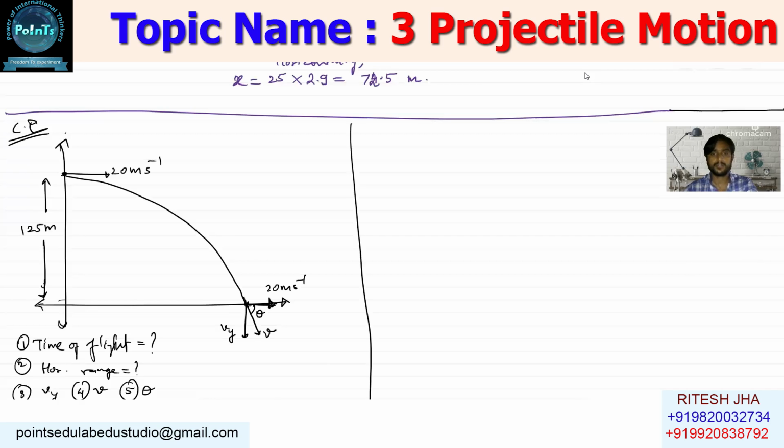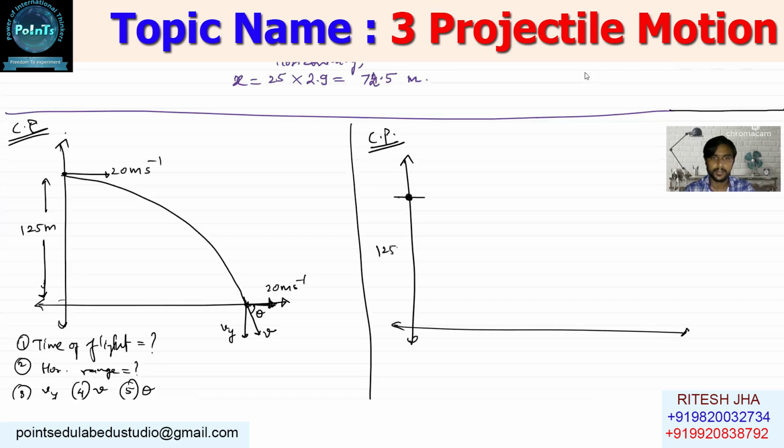And here I'm giving you the last one. From this particular height of 125 meter again, an object is launched with a speed of 50 meter per second at an angle of 60 degree.